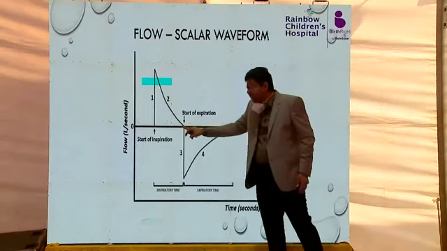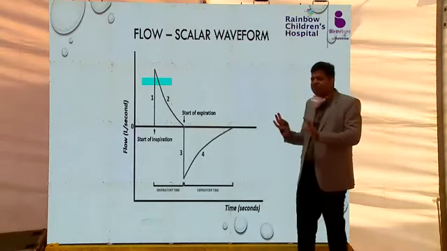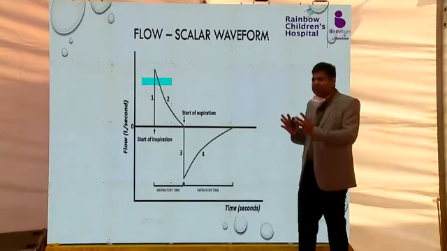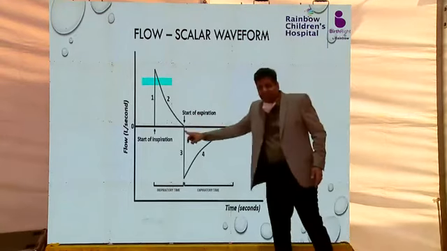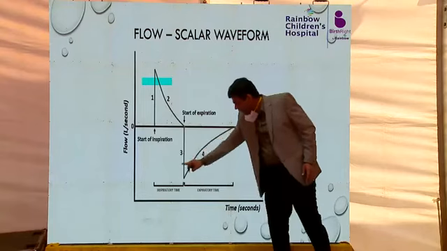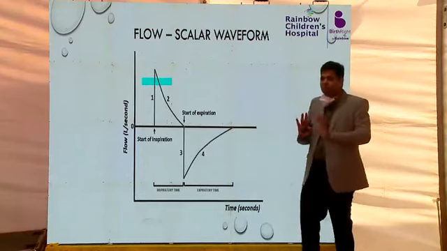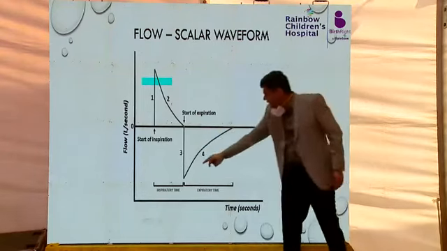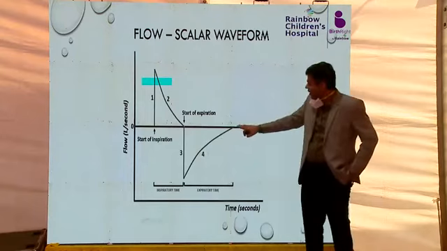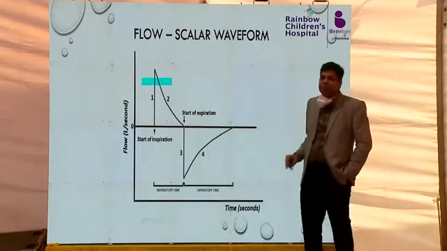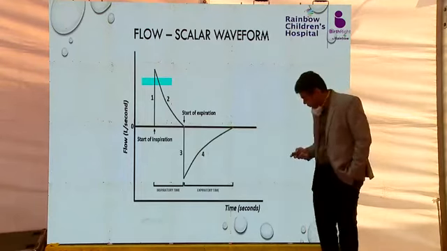Then after the TI, when the machine stops giving pressure, expiration happens because of the elastic recoil of the lungs. In the first part of expiration the flow is high to expel, and then the flow decelerates, and at the end of expiration it again comes back to 0.